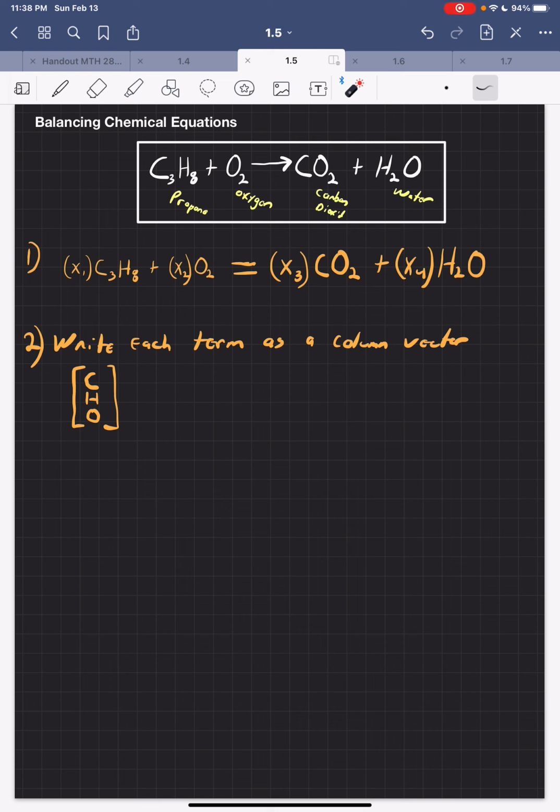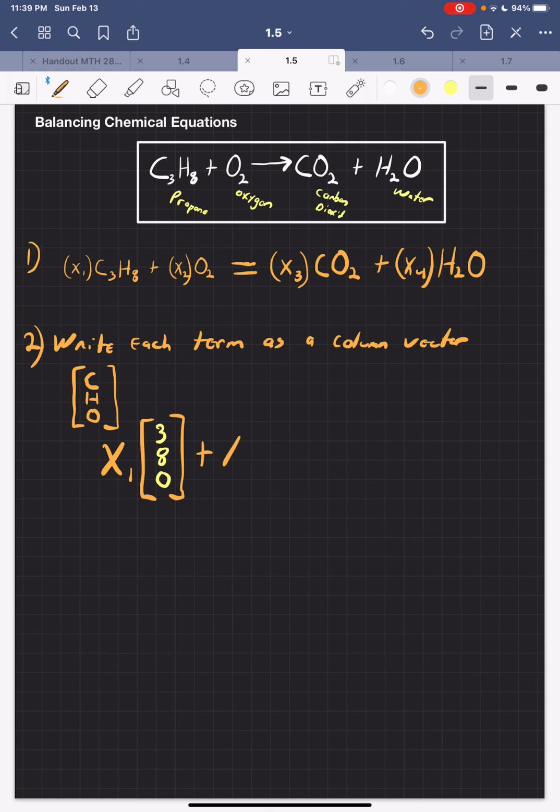Okay, so let's go ahead, and now we're going to take each of these terms and write it as a column vector. So think about that first term. That first term has 3 carbon atoms, 8 hydrogen atoms, but 0 oxygen atoms. Right? So it's going to look like this. We have x sub 1 multiplied by, ready? Here we go. Looking at propane, I got 3 carbons, 8 hydrogens, no oxygens.